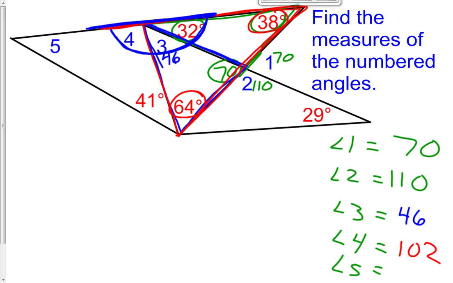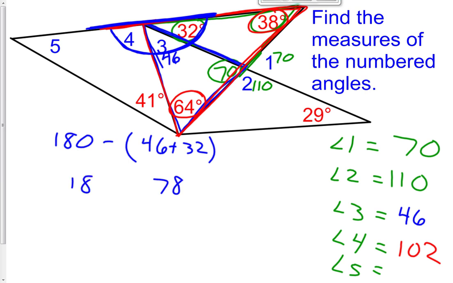So you could take 180, and if you subtracted 46 plus 32, you'd also get the answer of 102 degrees. 46 plus 32 is 78, and if you take 180 minus 78, you would get 102 degrees. So that's another way that you could solve this one. If these three angles add up to equal 180, take 180 and subtract the 32 and the 46, and you would get angle 4 of 102 degrees.